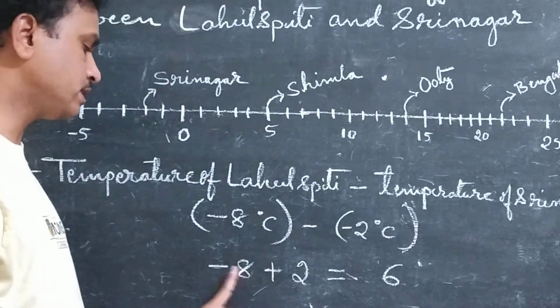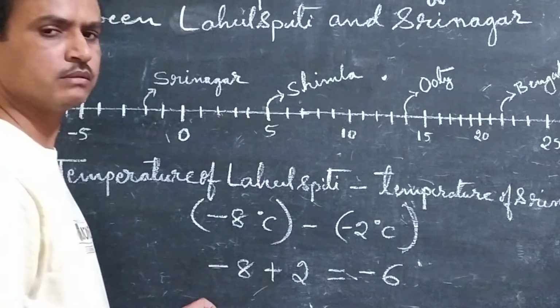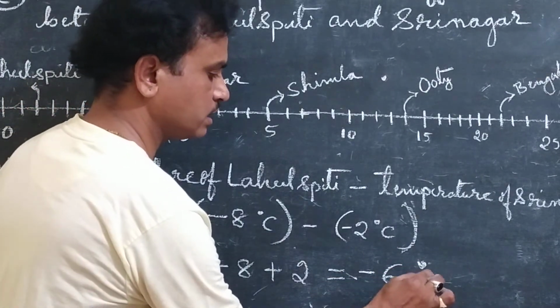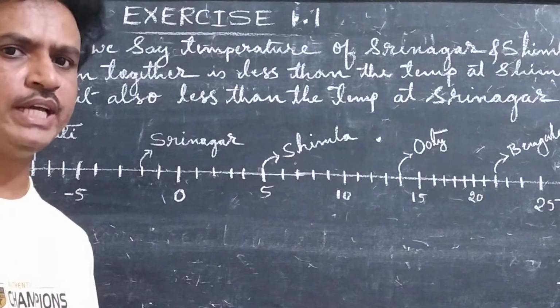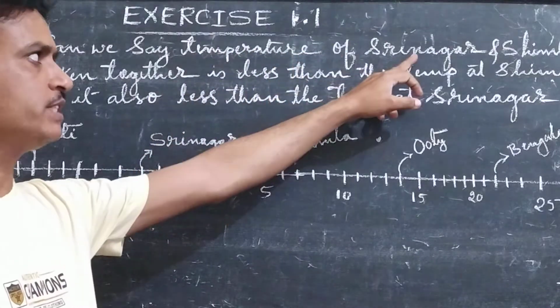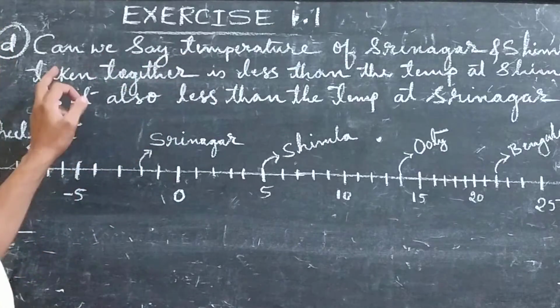What is the sign of the bigger number? Minus. So keep minus: minus 6 degrees Celsius. This is the answer.